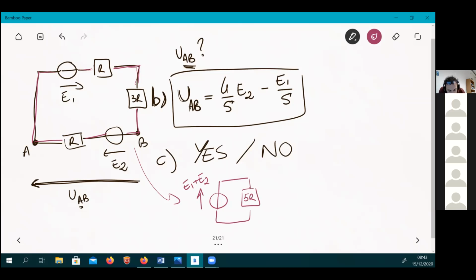Then you end up with this, correct? So from here, it's quite simple to get the current flowing in this mesh: E1 plus E2 equals 5R times I, which is I equals E1 plus E2 over 5R. This is something you should have found.